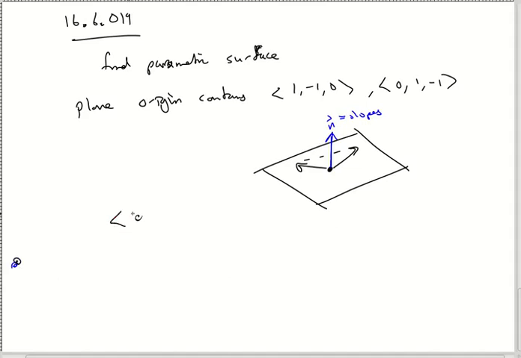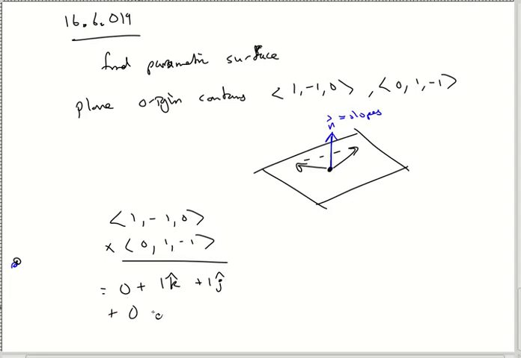So I'm going to cross product 1, negative 1, 0 with 0, 1, negative 1. Always start with a 0 for the k, then for j, two negatives make a positive, a 0, always a 0, and for i, two negatives make a positive.